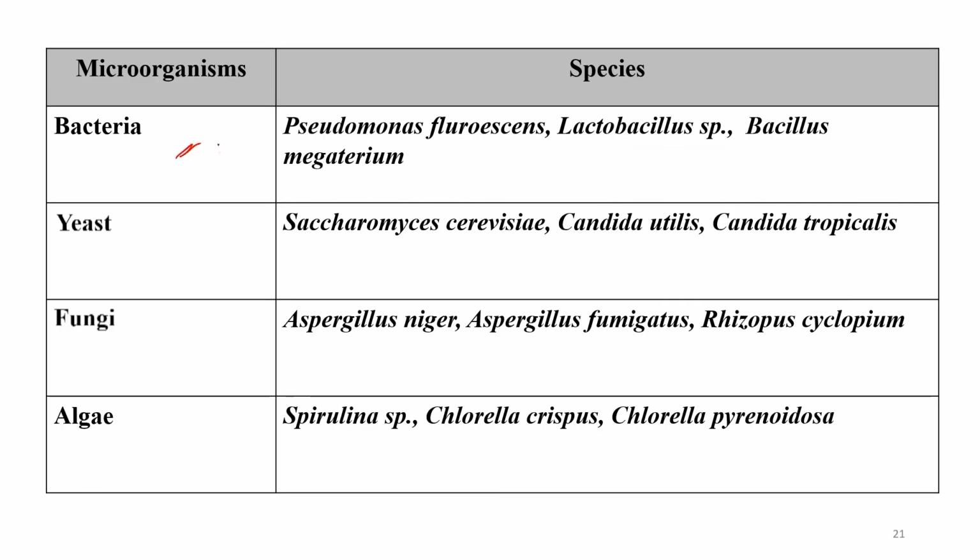So, microorganisms like bacteria, Pseudomonas, Lactobacillus and Bacillus species, they are rich in protein and used as single cell protein.